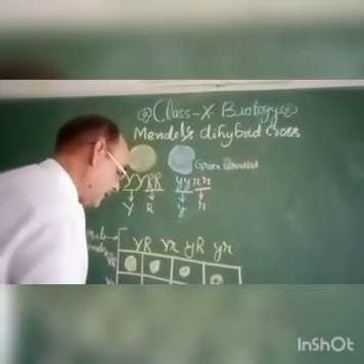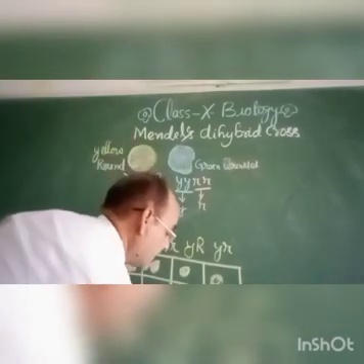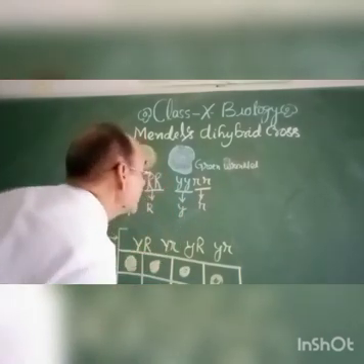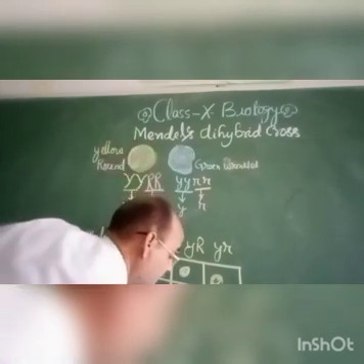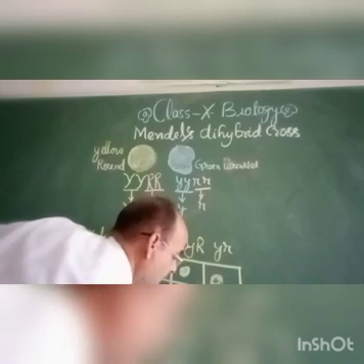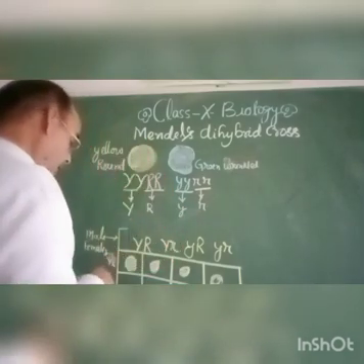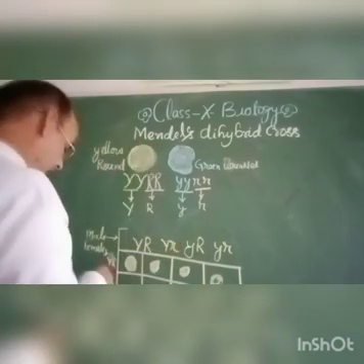And one will be the green and wrinkled. Green and wrinkled will be 1. Yellow and round will be 9.